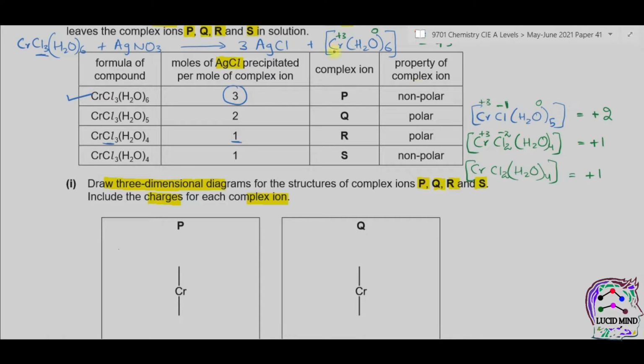Now let's draw the first one. We have chromium and 6 water molecules, and in the 3D diagram they have already given chromium in the center, so we can write all 6 water molecules. As oxygen makes coordinate covalent bonds, we can write OH2 instead of H2O. It will be OH2 on this side, H2O on this side.